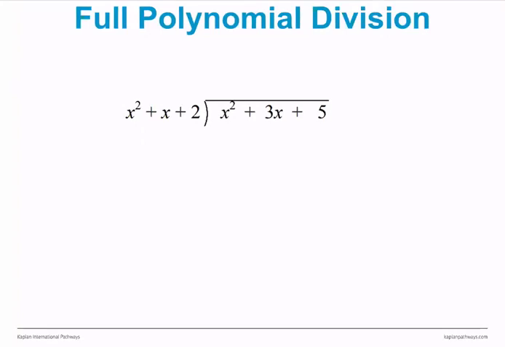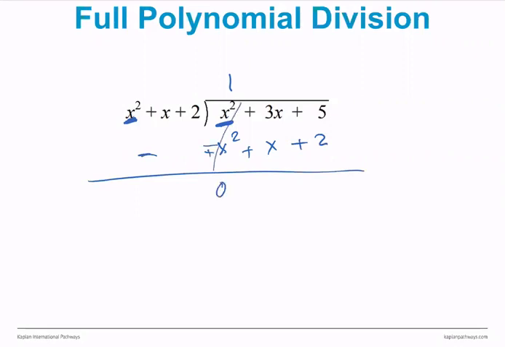So basically, this is the leading term. x squared divided by this leading x squared is 1. 1 times x squared is x squared, plus 1 times x is x, plus 1 times 2 is 2. You subtract, this is going to become 0, and this is going to be 3x minus x is 2x, and 5 minus 2 is plus 3.